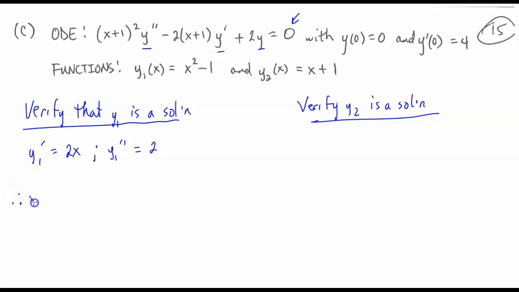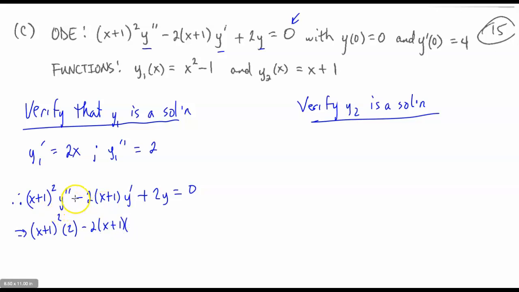So therefore, I'll have (x plus 1) quantity squared times y double prime minus 2 times (x plus 1) y prime plus 2y equals 0. That implies here for the y double prime, that's just going to be 2.